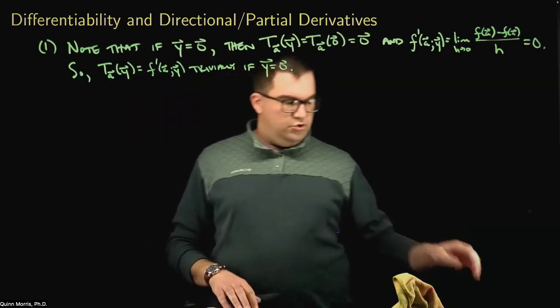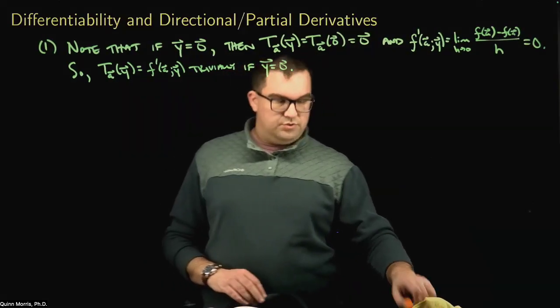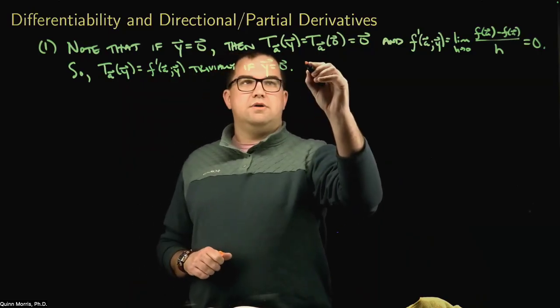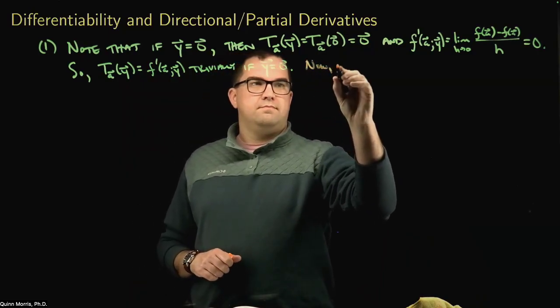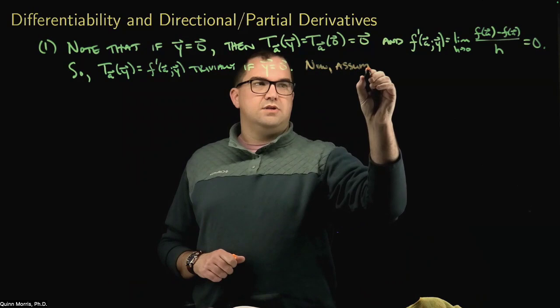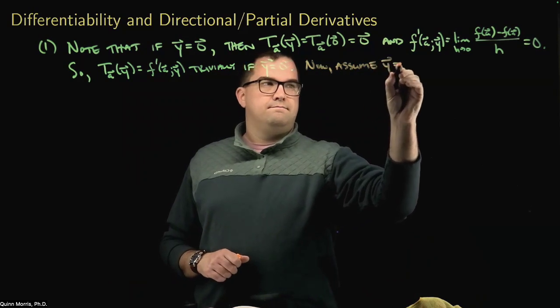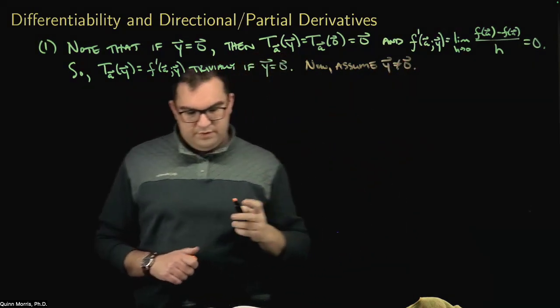Okay. All right. So now let's switch to a different color here. Now assume Y is not equal to zero. Okay.